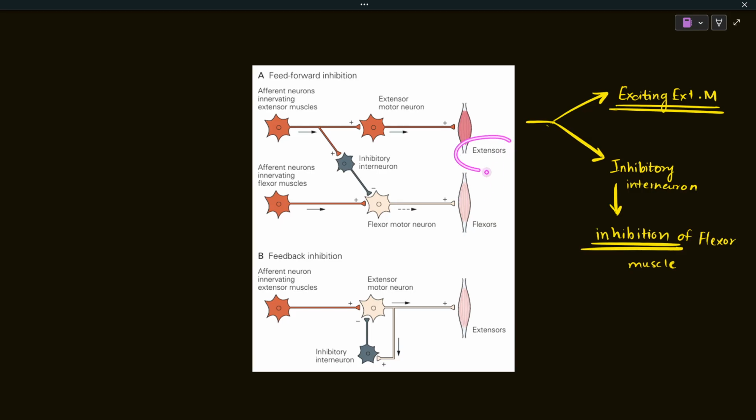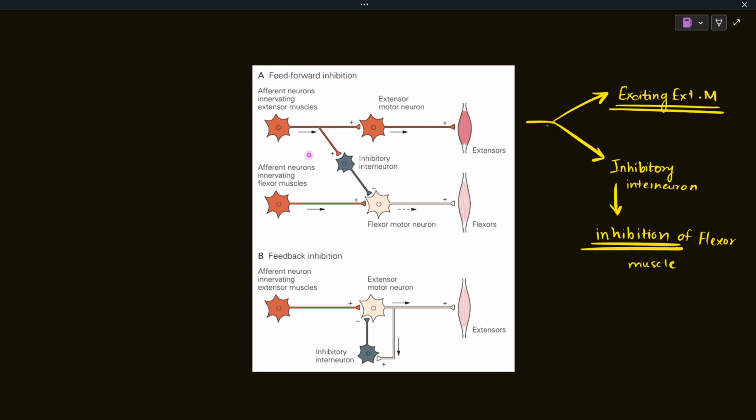When you are activating the extensor muscle and inhibiting the flexor muscle, both of them result in extension. Whatever movement is meant to happen in this reflex action is ensured by first a positive signal, activating the extensor, and the negative signal inhibiting the opposite movement, and that is why it is known as feed forward inhibition. Why forward?